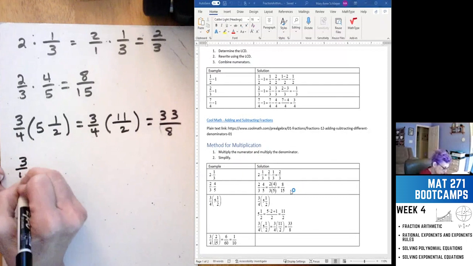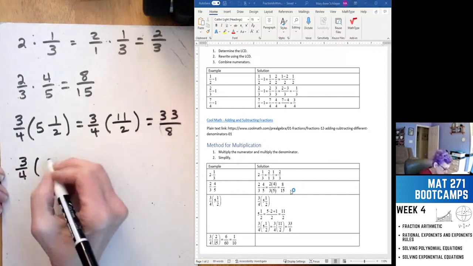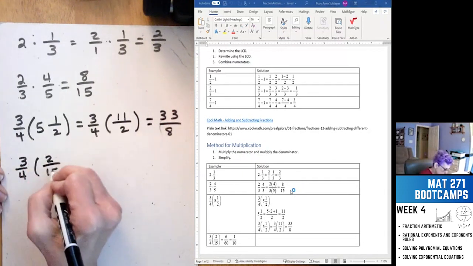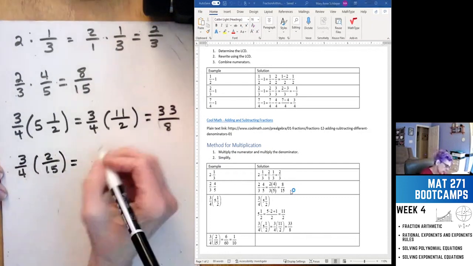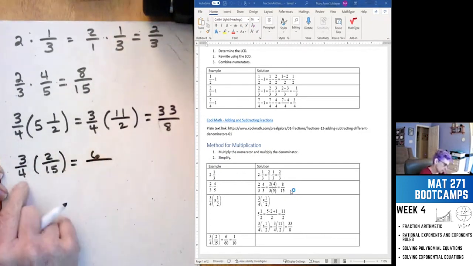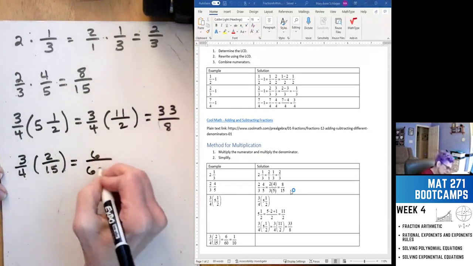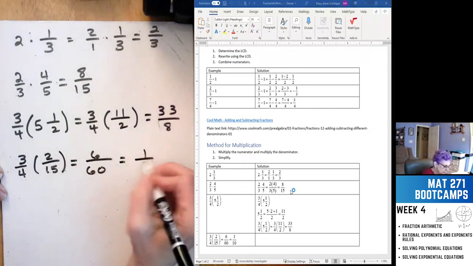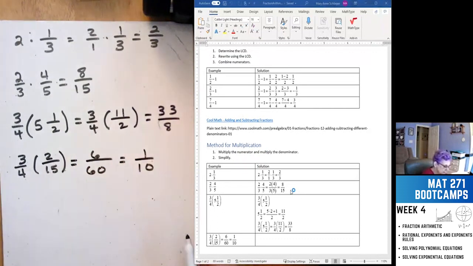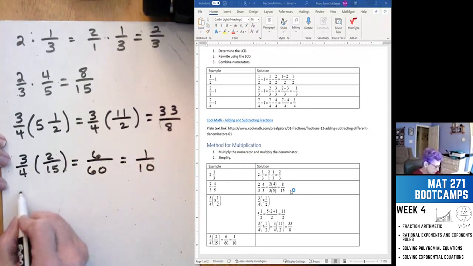They do not expect you to turn things back into mixed numbers. And then we have 3/4 and 2 over 15. Multiply numerators, multiply denominators. And this one has a common term. We can write it as 1 over 10.